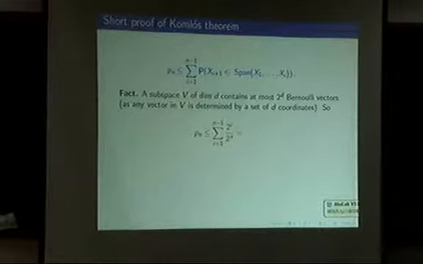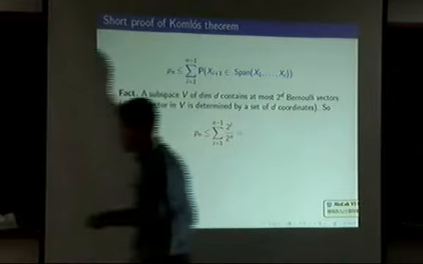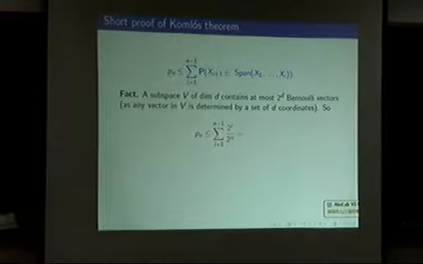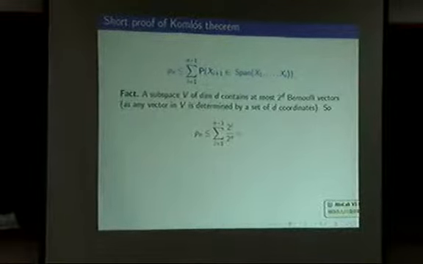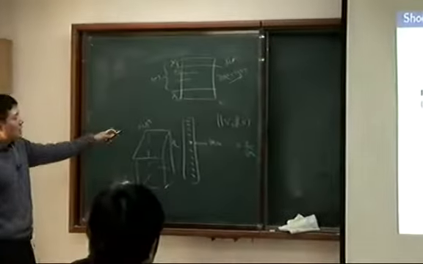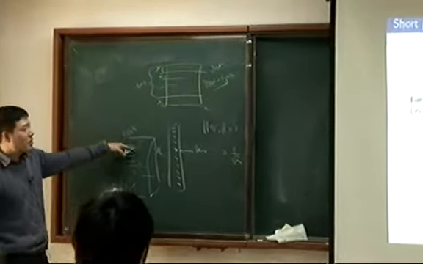Now comes a fact. If you have a subspace of dimension d, then it contains at most 2 to the d plus minus 1 vectors. To imagine this, you can view the plus minus 1 vectors as the vertices of a hypercube.